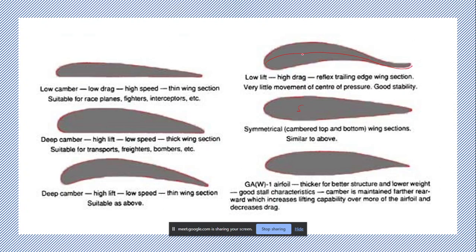It curves up towards the trailing edge, whereas the chord line is this. So how do we identify a reflex airfoil? It cuts the chord line. And this is the supercritical airfoil. It's flattened on the top and the camber is retained on the trailing edge. Why did we come up with the supercritical airfoil? What was the benefit?